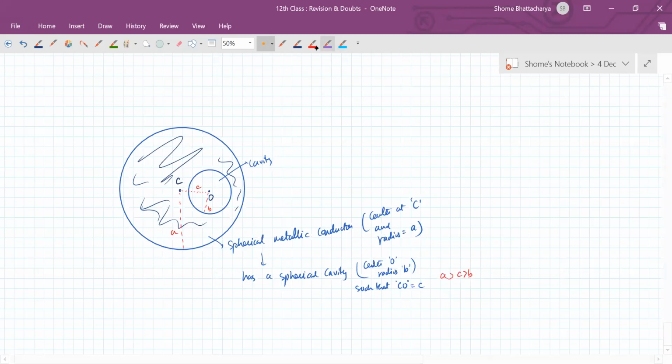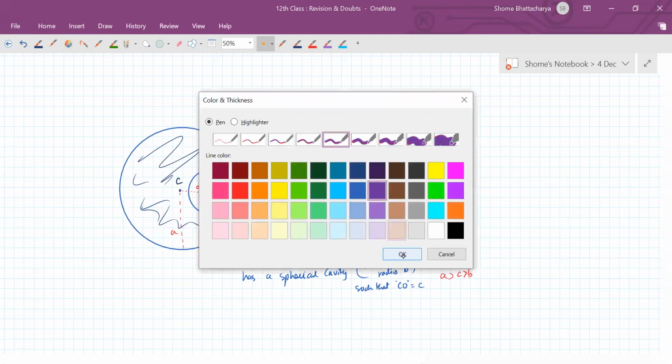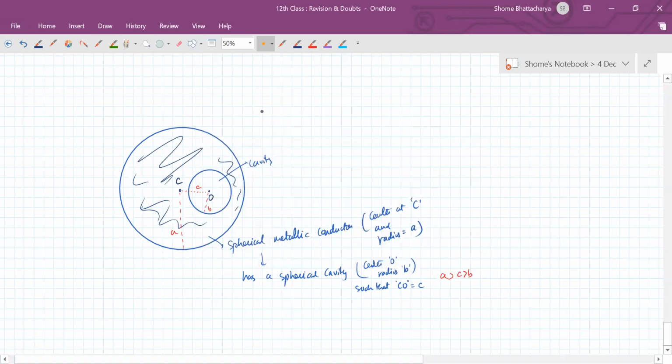Now the system is neutral, and what we are doing is we are placing two charged particles. One charged particle is placed outside and one charged particle is placed inside.